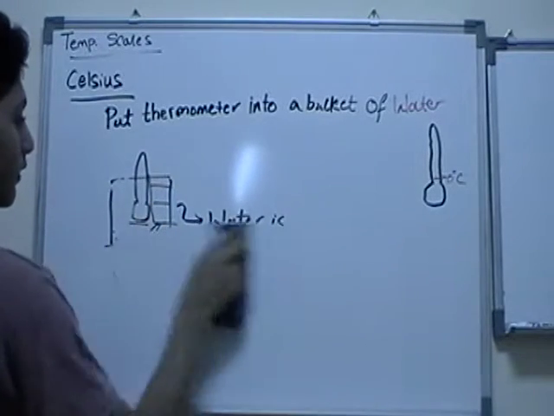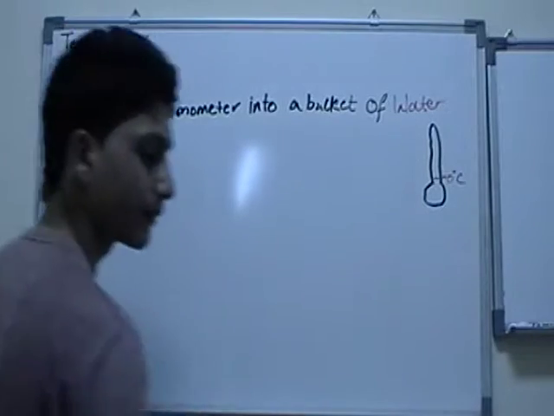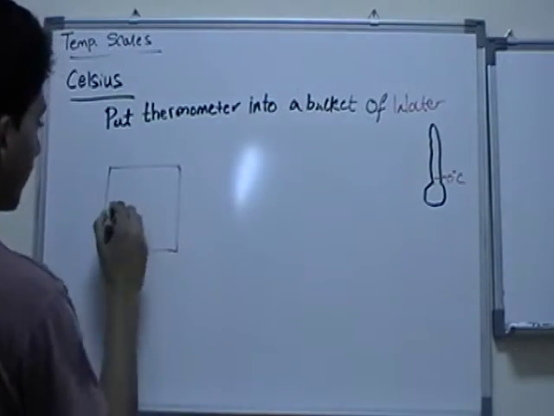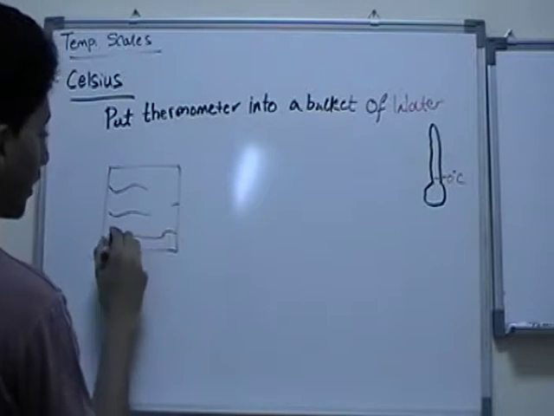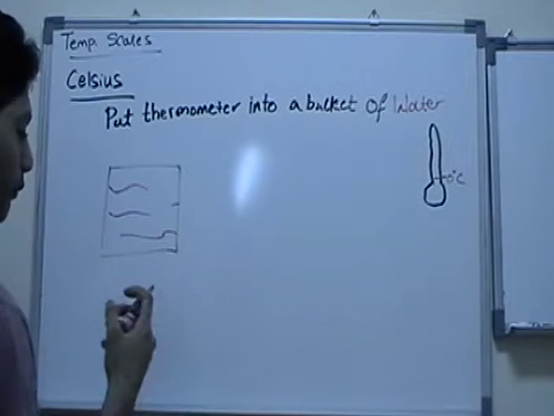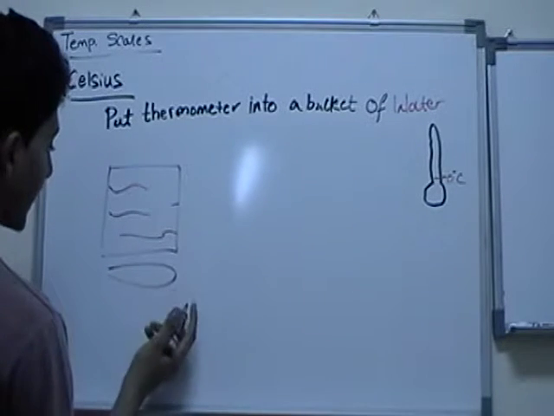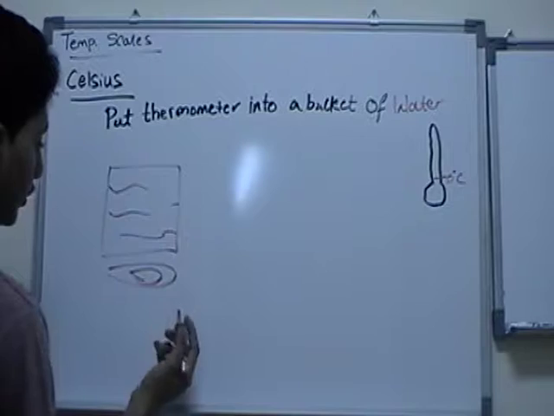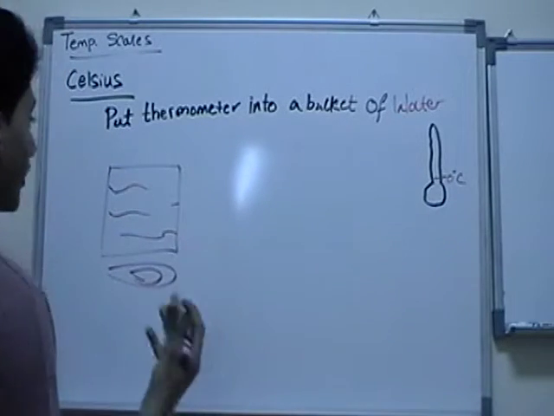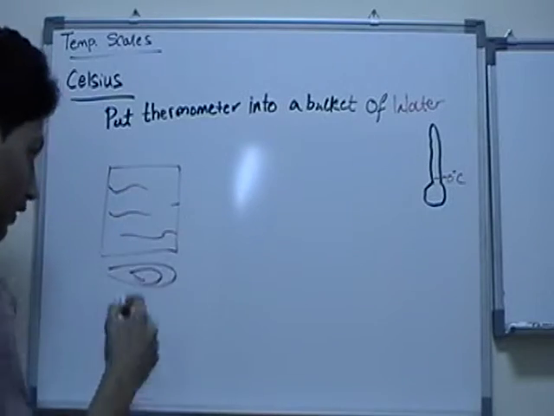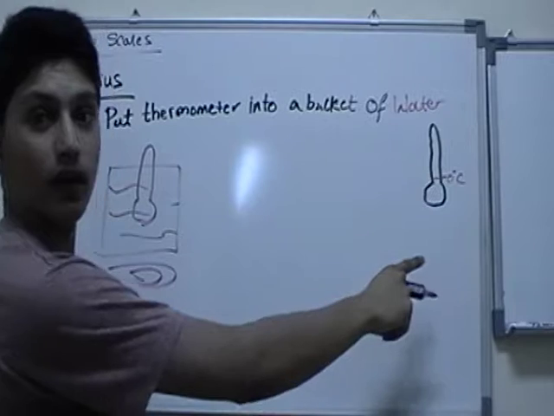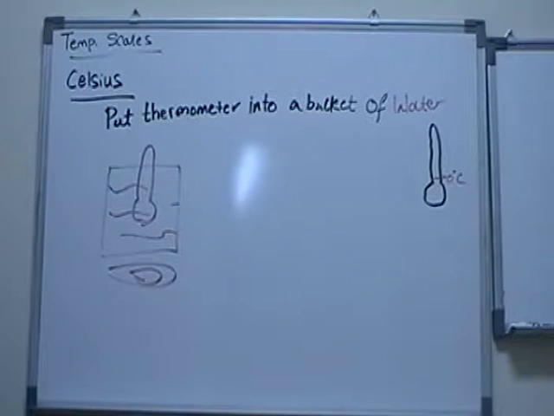So you have a bucket of water. What you need to do is put the bucket, or a bowl you can say, onto your gas. So your gas would look like this. If you live in the United States, it would look like a coil, lots of coils. Now you have your thermometer over here, and you already have the labeled scale as well.